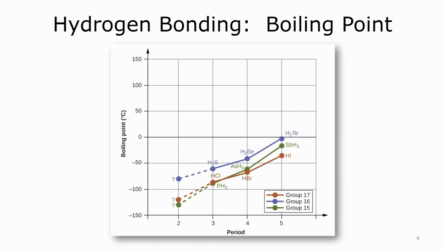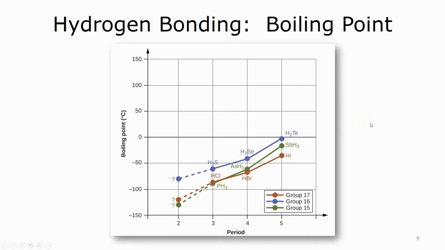Now let's take a look at one of the consequences of hydrogen bonding. If we take a look at boiling points based on a period of the element, for instance here we have group 16, we have sulfur, selenium, and tellurium, making hydrogen sulfide, hydrogen selenide, and hydrogen telluride.